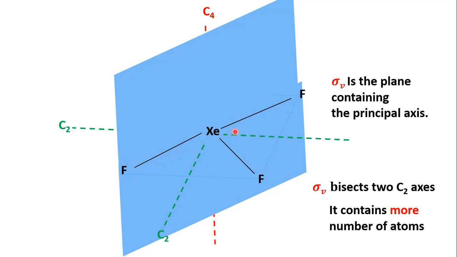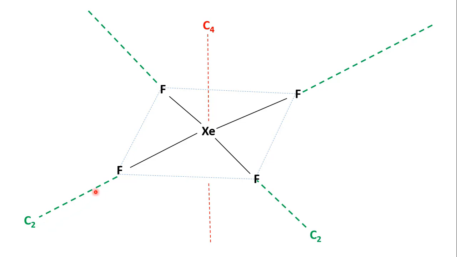This is one xenon fluorine bond, this is one xenon fluorine bond, this is the C2 axis. But now this C2 axis is passing through the xenon fluorine bond. The C2 axes are present in the molecular plane, whereas the C4 axis is perpendicular to the molecular plane, and so C4 and C2 are perpendicular to each other.